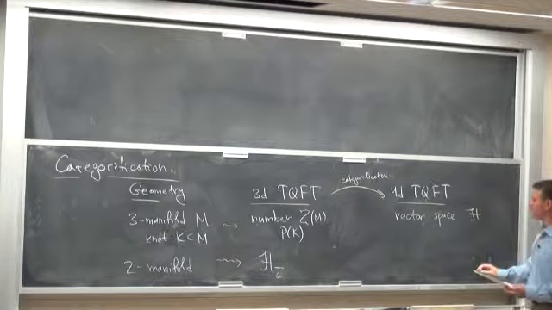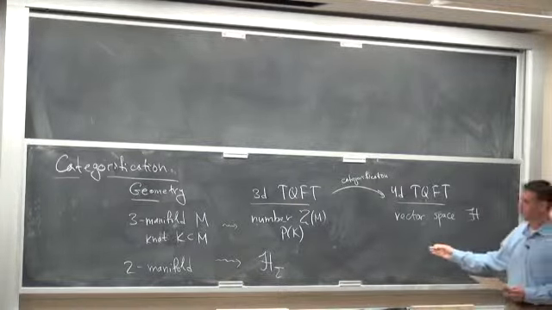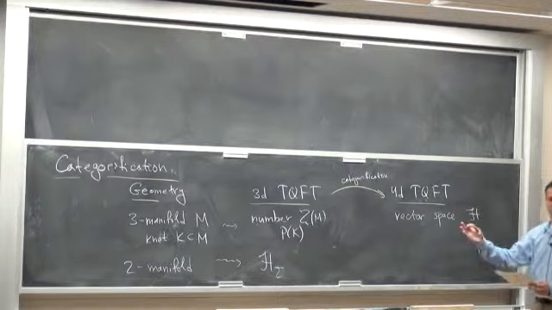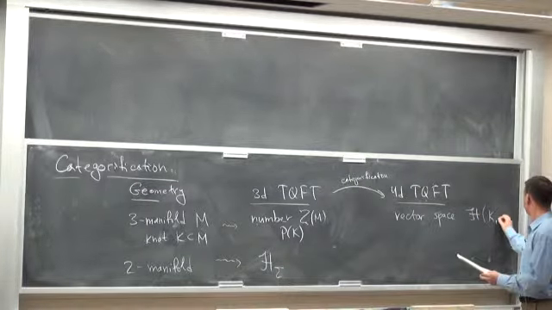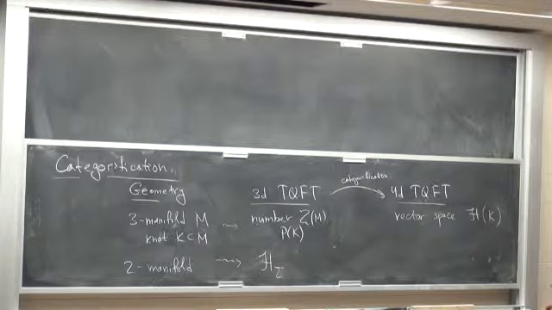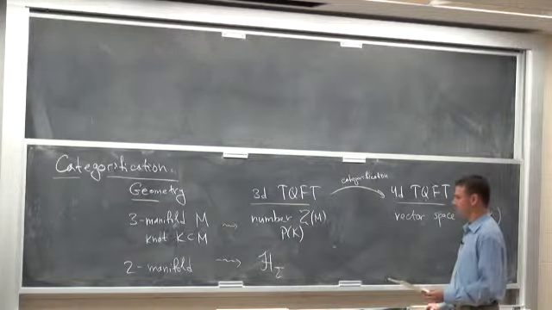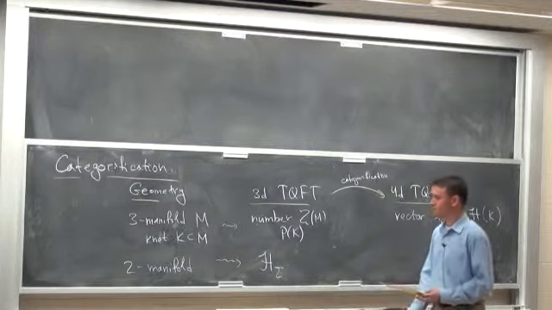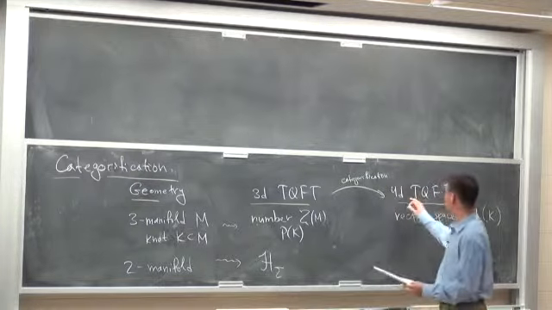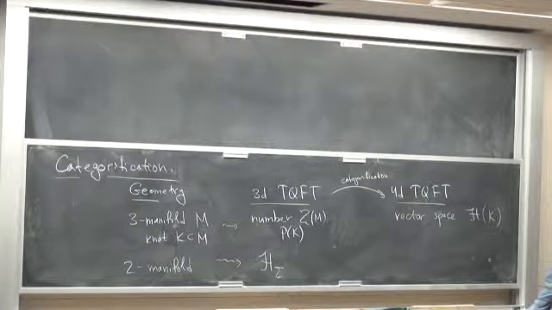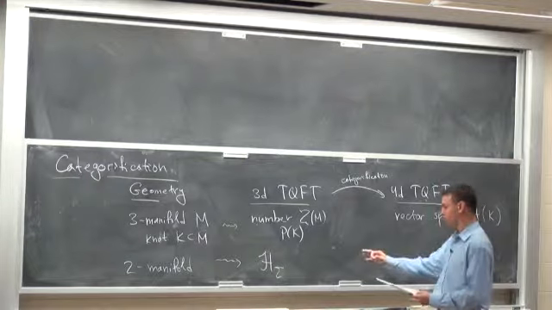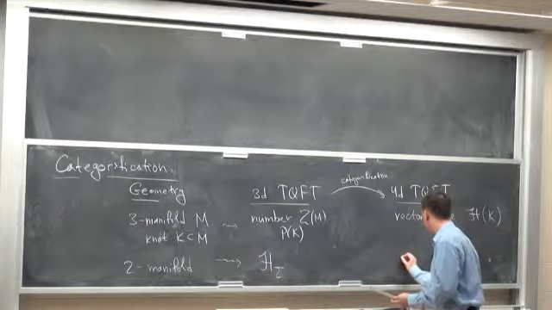So this vector space H could be, again, labeled by this 3-manifold, or if 3-manifold is a knot complement, by the knot, or various other data that you have. Likewise, one level down, 2-manifold now is codimension 2 from the viewpoint of the 4-dimensional theory. So 4D TQFT would associate to a 2-manifold a category.